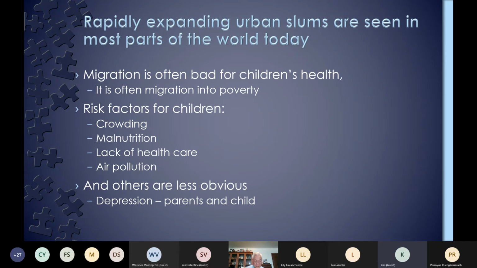And it's often accompanied by a migration into poverty. There are obvious risk factors like crowding and malnutrition, lack of health care, and indeed air pollution, which I've already mentioned. But the others are less obvious, and that is that children are living in families who have become very insecure and unstable. Parents are often depressed as a result, and the life of children becomes more and more difficult as a result of that. So this is the world for many people and many children in the present time.